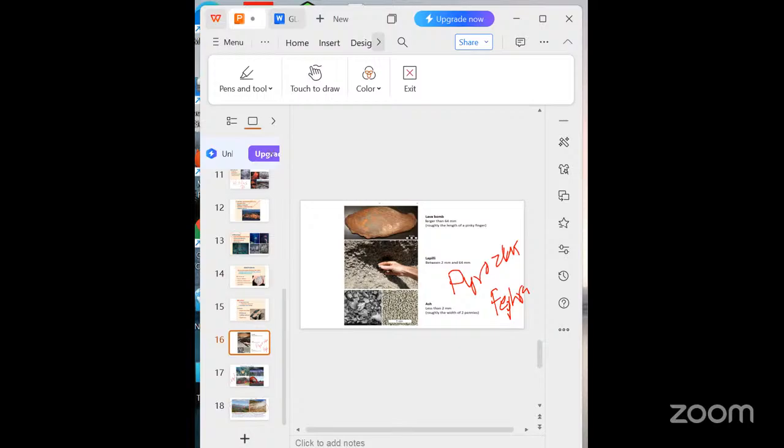Now pyroclasts are classified according to their size. The first one is largest, then medium and smallest. So there are three types, according to their size, okay?